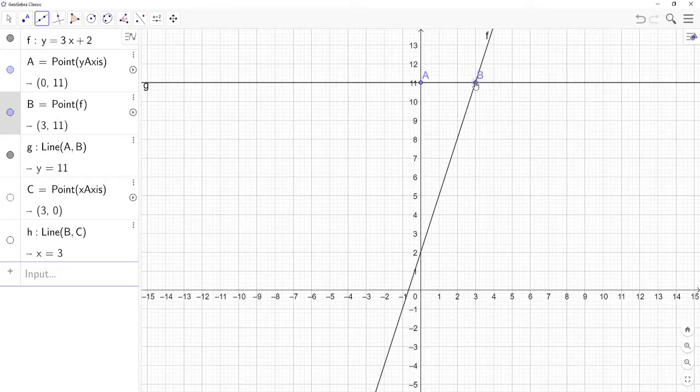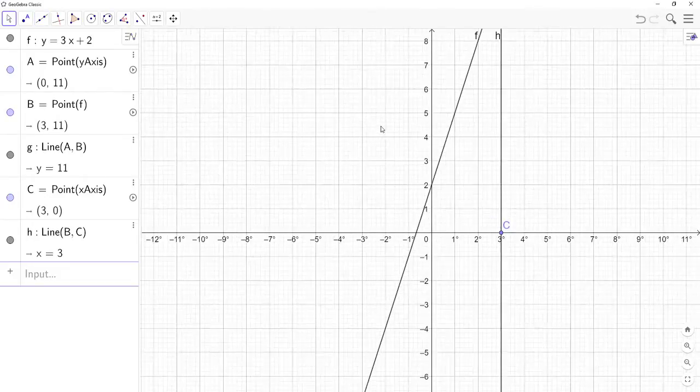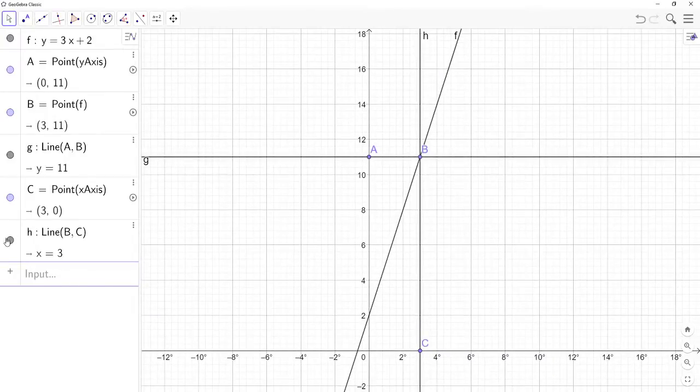So at this point B, where we have x is equal to 3 and y is equal to 11, that is effectively our solution.